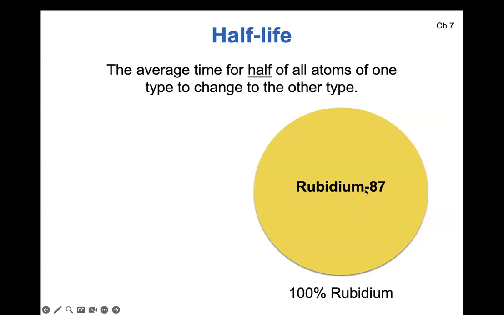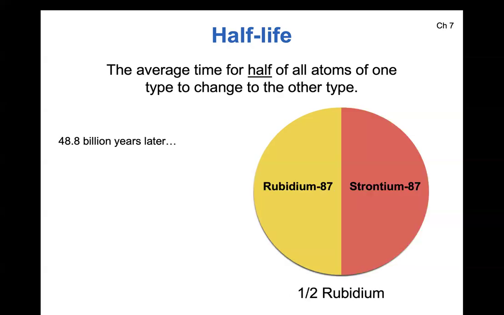Okay. But this is an unstable element or unstable isotope. And it decays very slowly, unbelievably slowly. It has a half-life of 48.8 billion years, much longer than the age of the universe, but still gradually it's decaying into a different element, strontium 87.